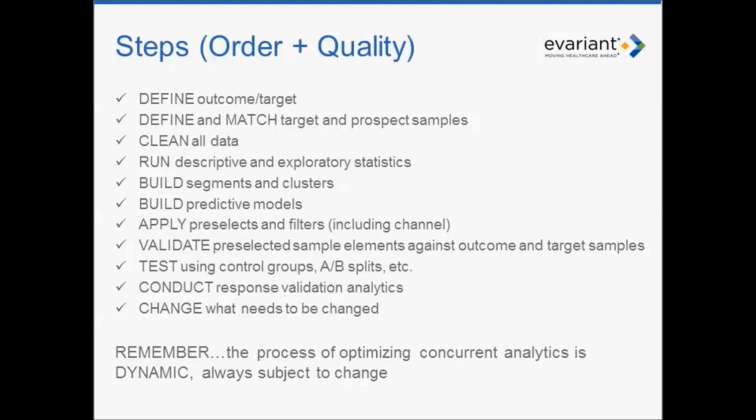Validating pre-selected sample elements against outcome and target samples, and basically you can start doing that once you have a response group. So how do my responders look compared to who I targeted in the first place? Simply, these are descriptive side-by-side profiles. Are the people responding the same people I targeted in the first place? Because oftentimes what we find is that channels will dictate different types of responding.